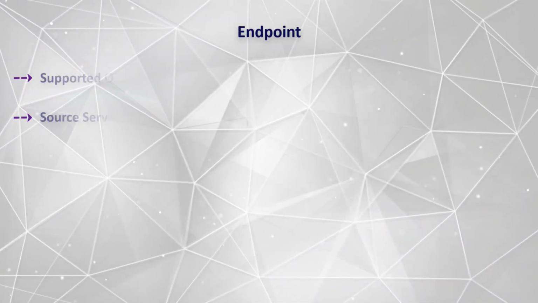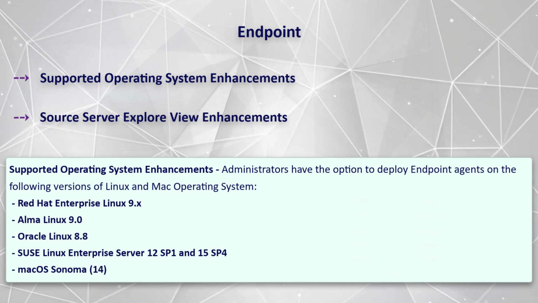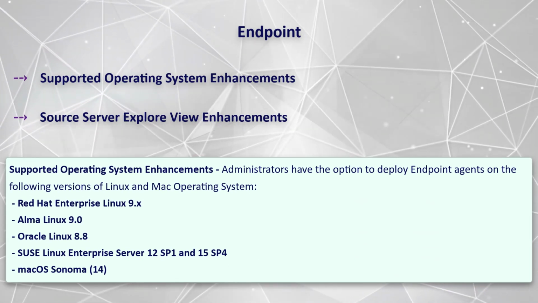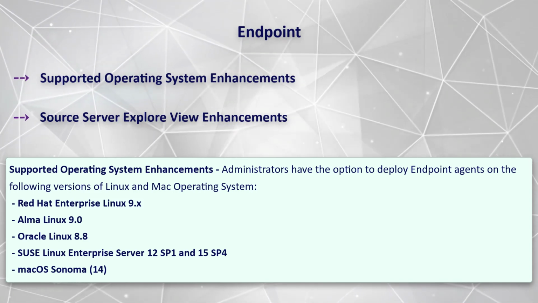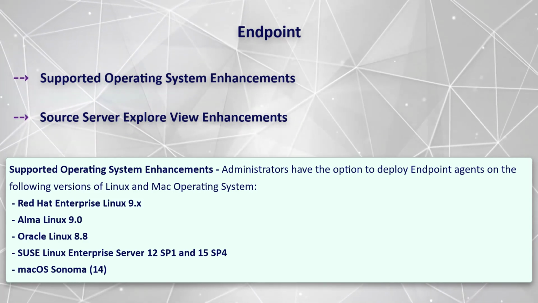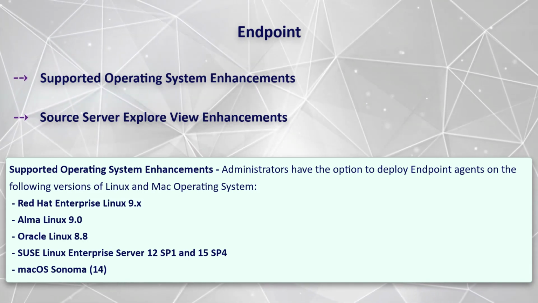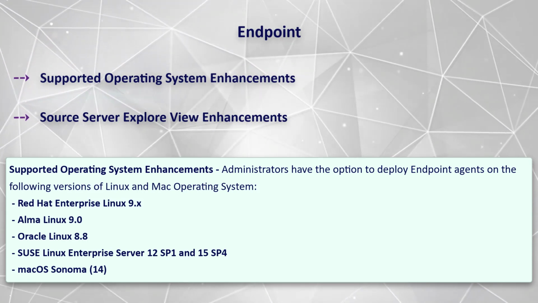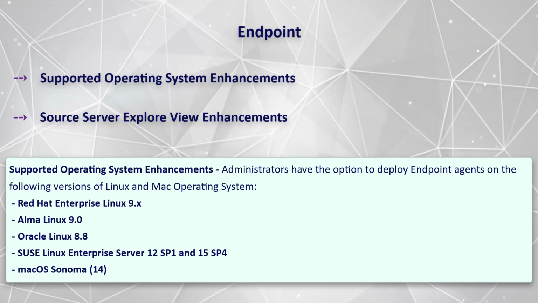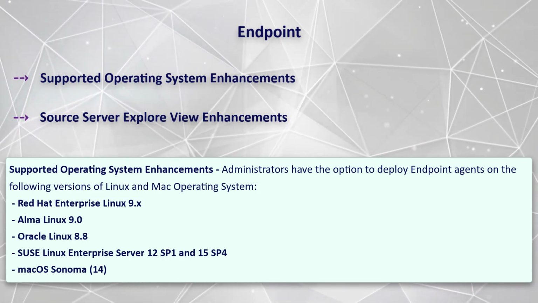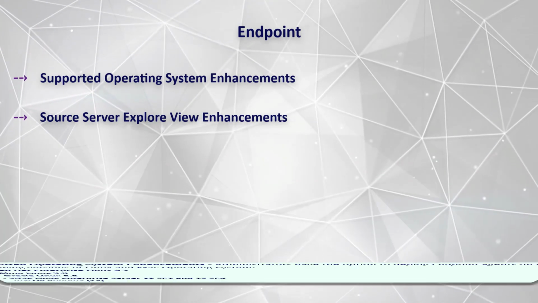Next, let us look at the endpoint enhancements. Supported operating system enhancements. Administrators have the option to deploy endpoint agents on the following versions of Linux and Mac operating system: Red Hat Enterprise Linux 9.x, Alma Linux 9.0, Oracle Linux 8.8, SUSE Linux Enterprise Server 12 SP1 and 15 SP4, Mac OS Sonoma 14.